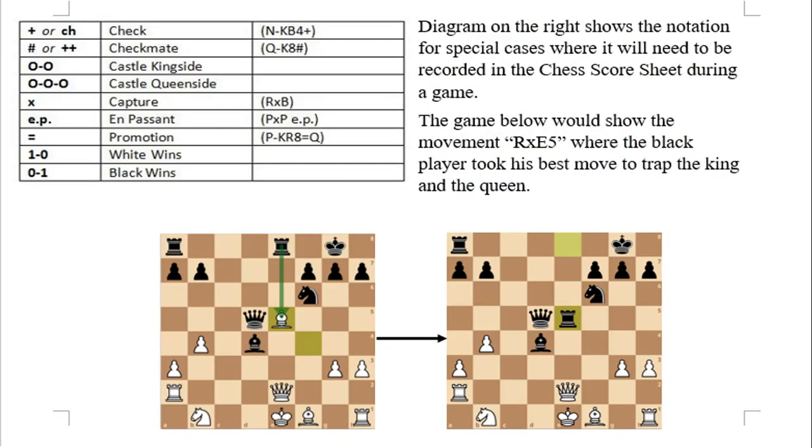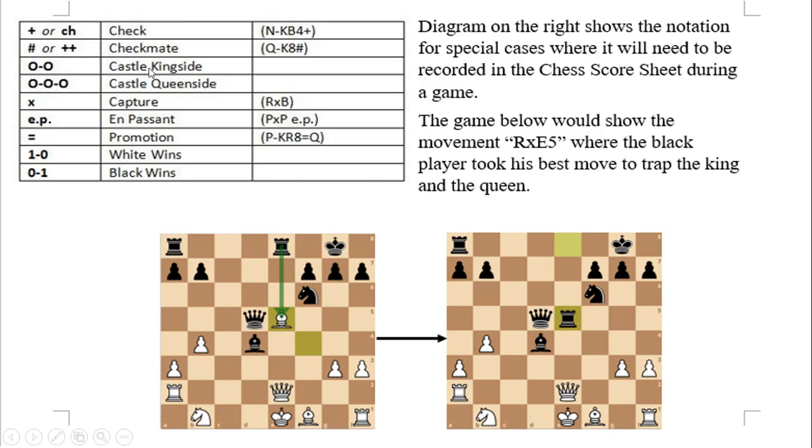Here we can see a diagram on the left which shows the notation for special cases that need to be recorded in the chess score sheet during the game. Here we can see check, which you add a plus or a plus sign after the move, but plus is much preferred. And here we can see checkmate, and the symbol for checkmate is a hashtag.